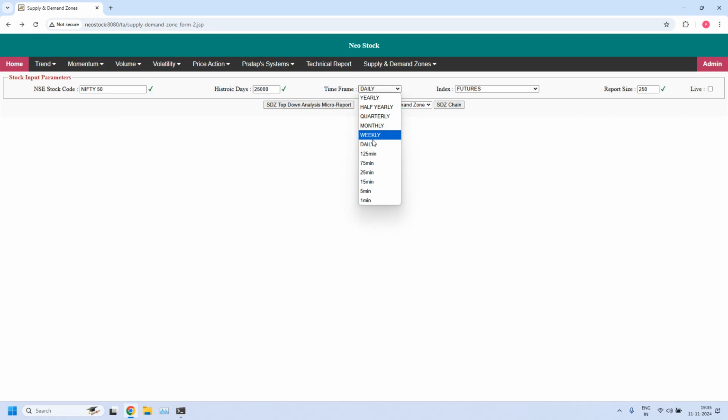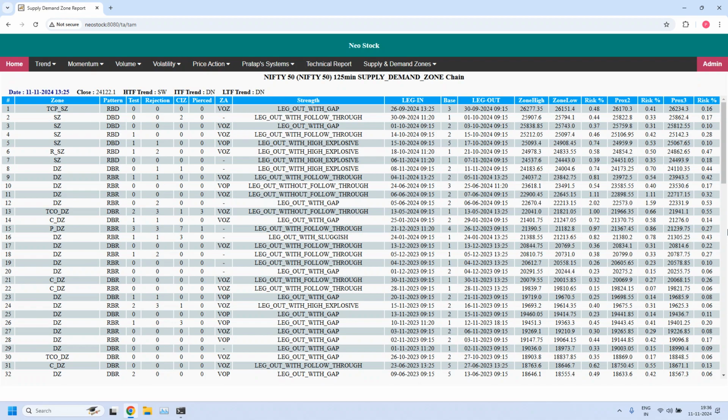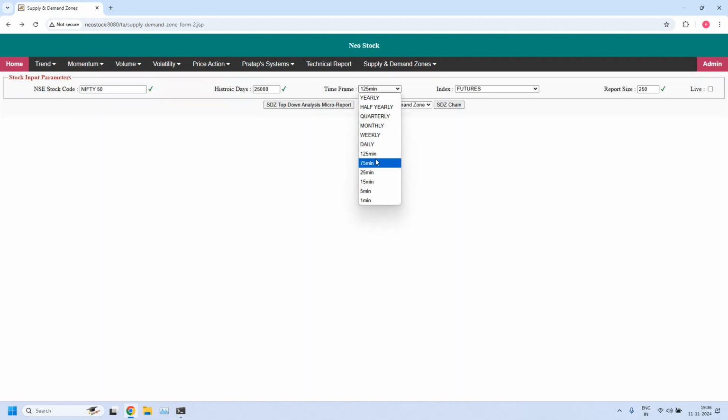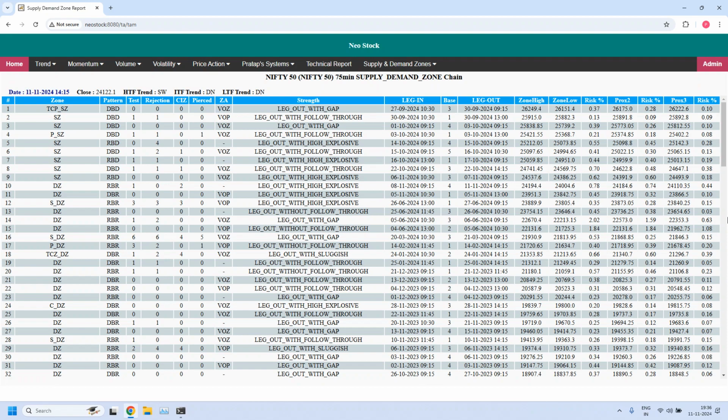Next time frame is 125 minutes. So 125 minutes supply demand zone chain. Next time frame is 75 minutes. So this is 75 minutes supply demand zone chain.